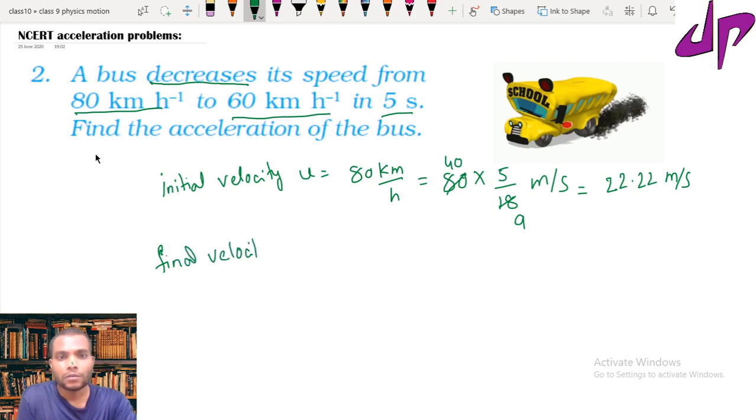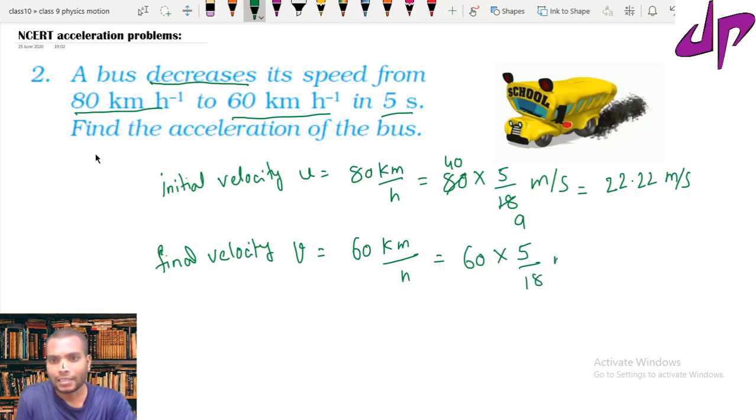Final velocity v equal to 60 km per hour. As usual, you convert this by multiplying with 5 by 18 into meter per second. You cut with the 2 table, 9 twos are 18, 3 fives are 15. With further simplification, you will end up with a value of 16.66 meter per second.